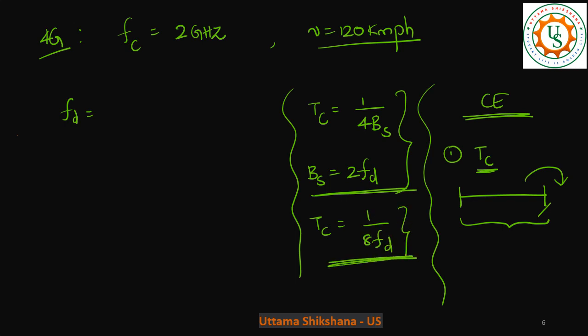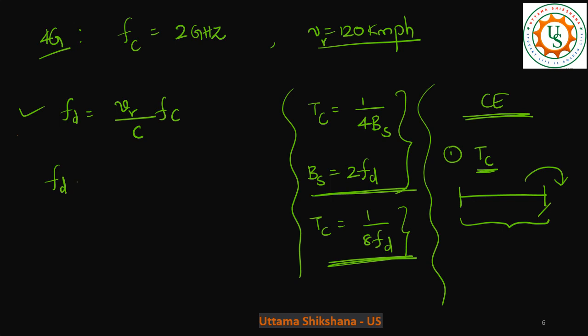Now, FD is equal to VR into FC by C. C is the speed of light, FC is the center frequency, and VR is the relative velocity, the relative motion between the transmitter and the receiver. I will directly take the relative velocity as 120 km per hour. With this, we need to calculate FD for this 4G.